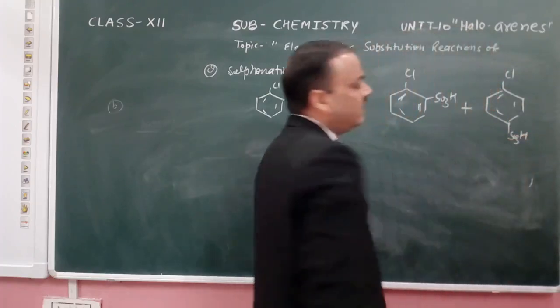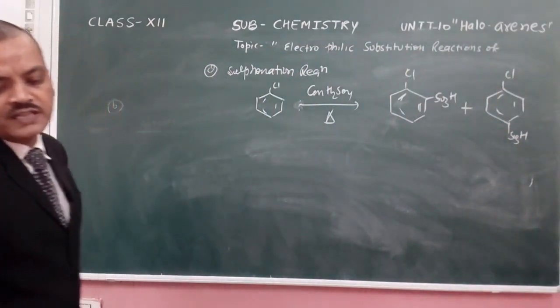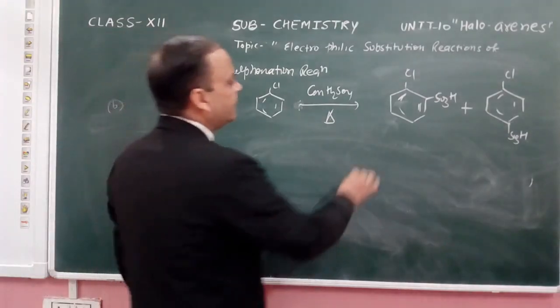SO3H. So two products we get here: 2-chlorobenzene sulfonic acid and 4-chlorobenzene sulfonic acid.